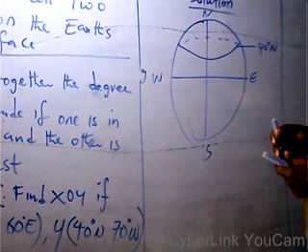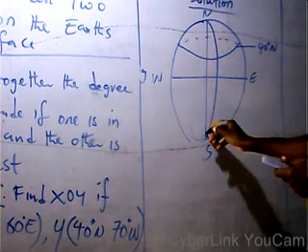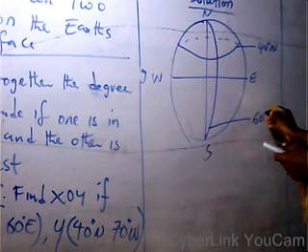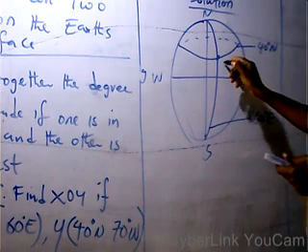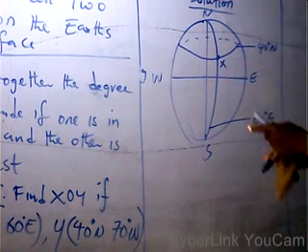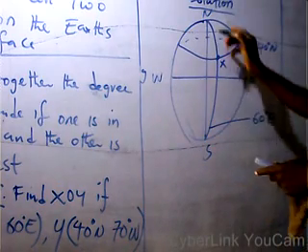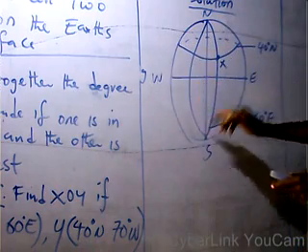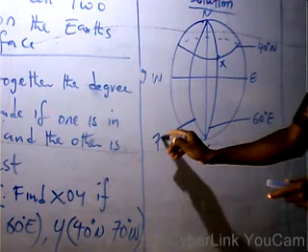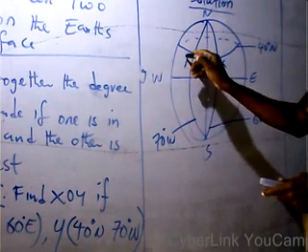Then 60 degree east, this is 60 degree east, and this place of course is our point X. So point Y has the same latitude, we don't need to draw it again. Then longitude is 70 degree west, so this is the west. 70 degree west is somewhere like this. The point of intersection here is the point Y.